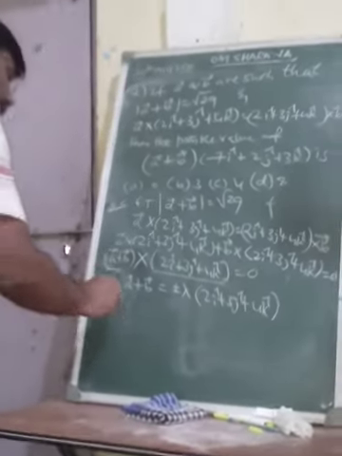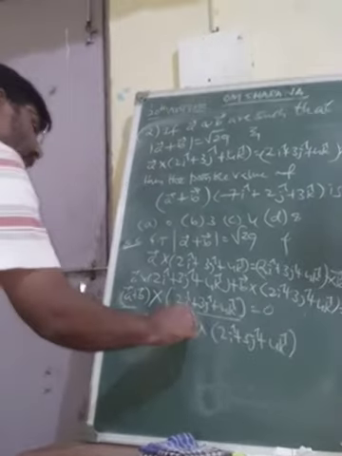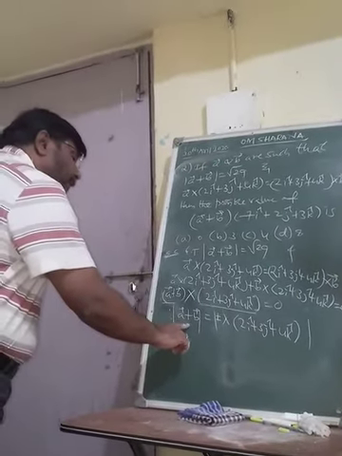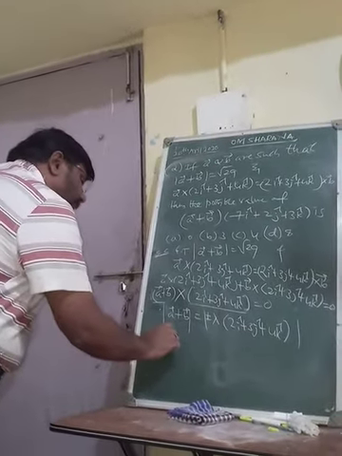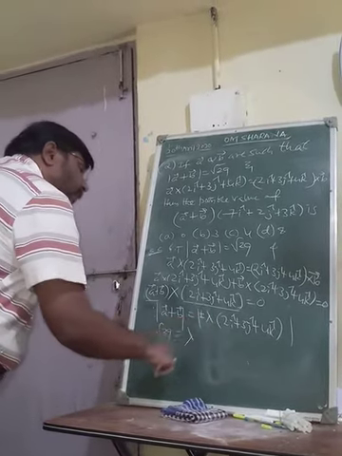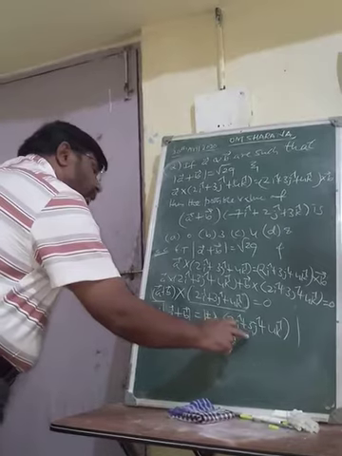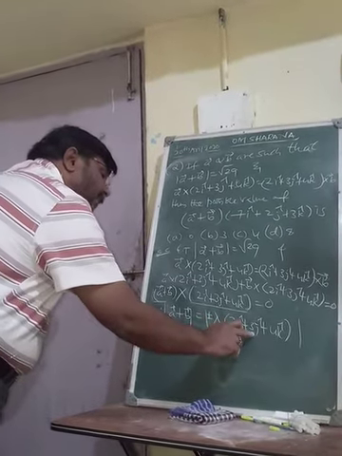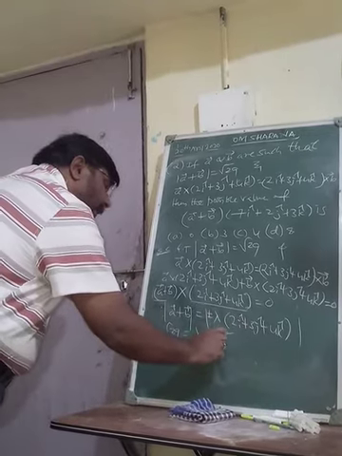Therefore, taking the modulus, the modulus of A plus B is given as root 29, is equal to the modulus of plus or minus lambda, which is lambda only, and the magnitude of this factor is once again 2 square is 4, plus 9 is 13, plus 16 is 29.